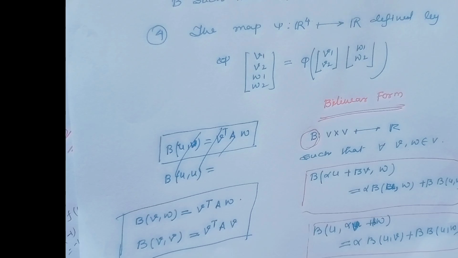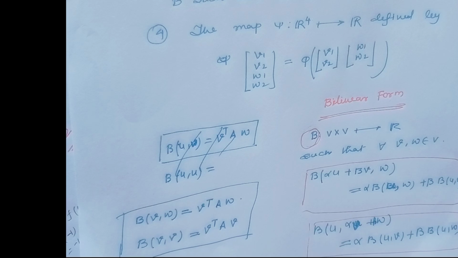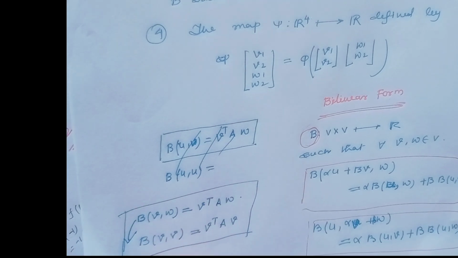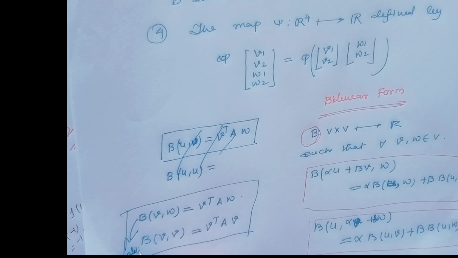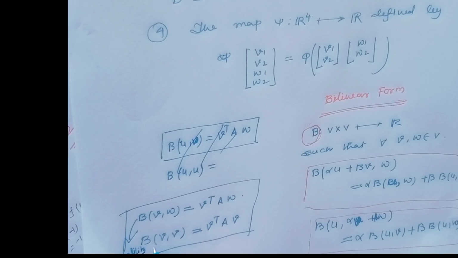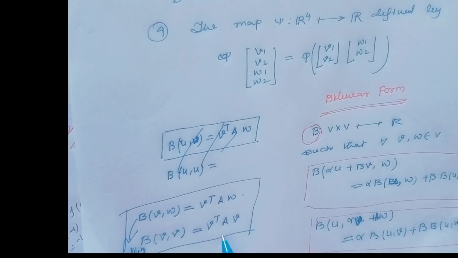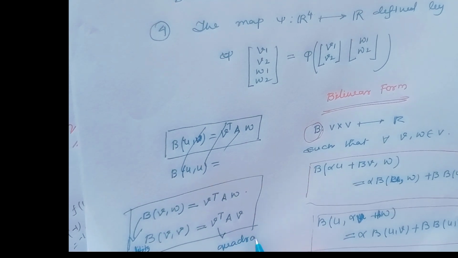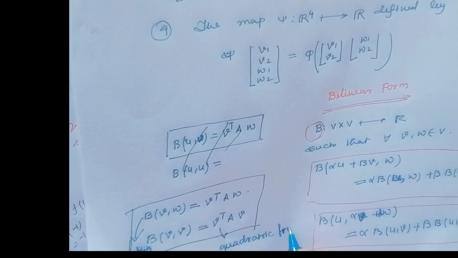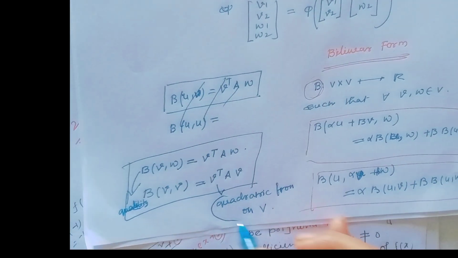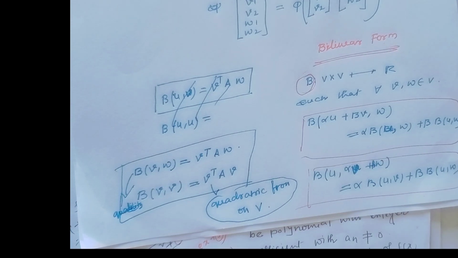Now notice, the notation of a bilinear form is B(v, w) equal to v transpose A w, and a bilinear form is called a quadratic form when it maps the vector to itself, that means B(v, v) equals v transpose A v.